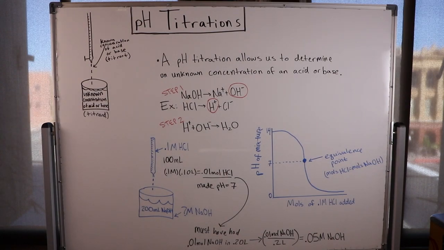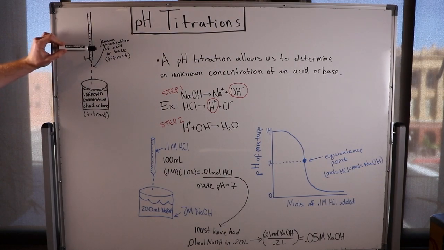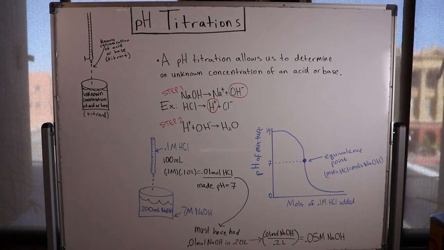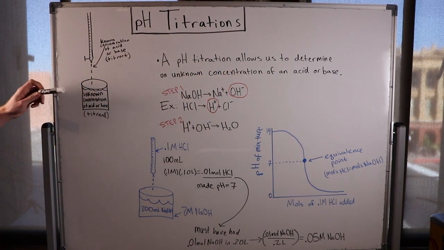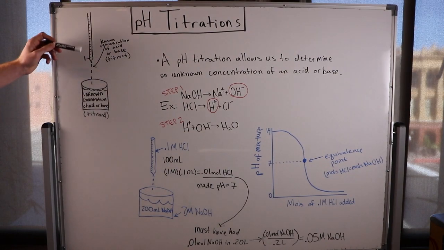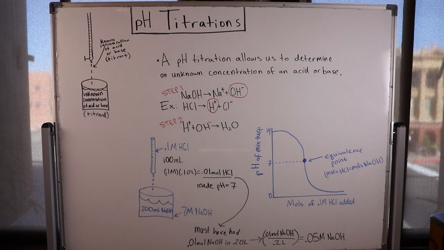And you can mix and match a strong acid with a weak base, a strong acid with a weak acid, a weak acid with a weak base, etc. So why would we want to do this? Well, it turns out a pH titration is very useful for allowing us to determine the unknown concentration of this solution. So remember, we know the concentration of the titrant, but we don't know the concentration of the titrand.